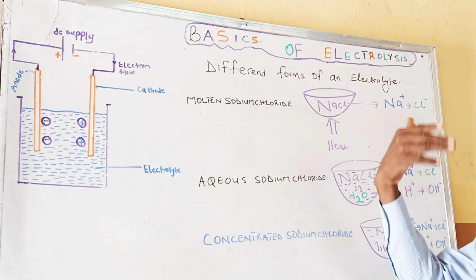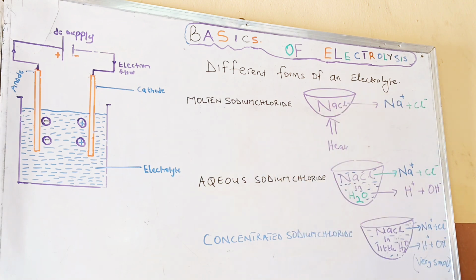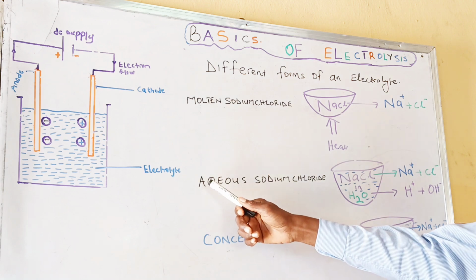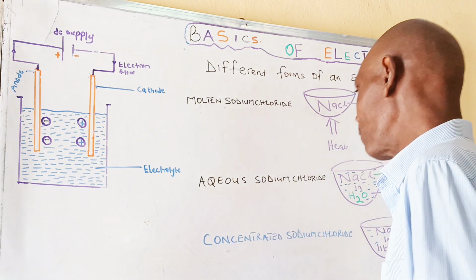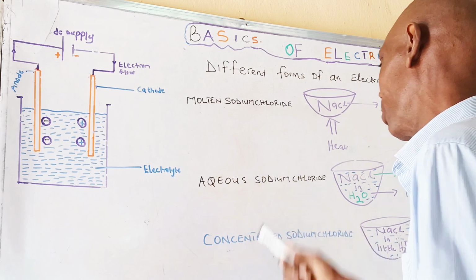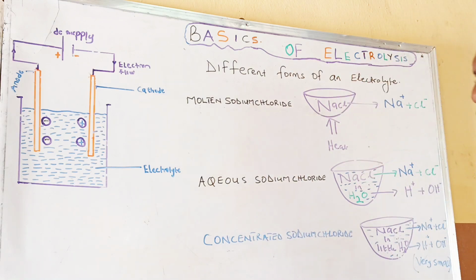And in subsequent videos, when we come to look at the electrolysis of the aqueous form of the electrolyte, we are going to see how the introduction of the ions from water affects the products that are formed. Now, we can also vary the aqueous form of the electrolyte by looking at the quantity of the water we use for dissolving the sodium chloride.